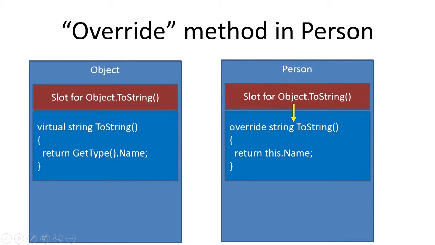So person inherits this slot from object. But at runtime, that slot contains a different method than this method that object provides. It contains a new method. So now, every time object.toString is called, at runtime, the person object will say, hold on a minute. I think you want to be calling this method, not the original method.